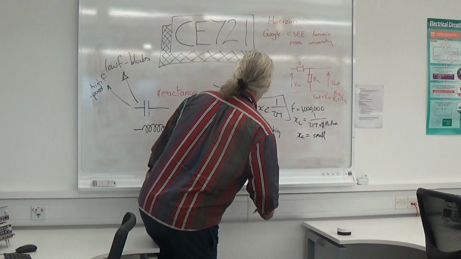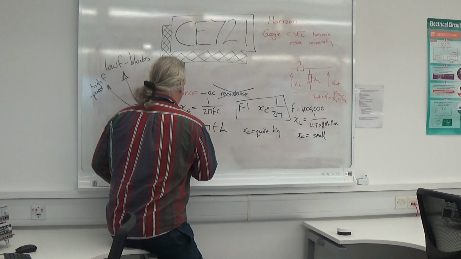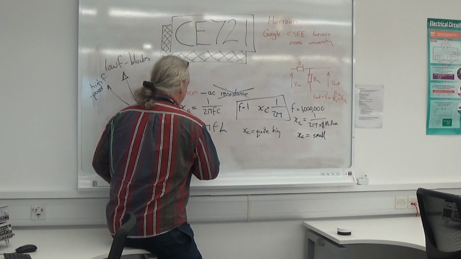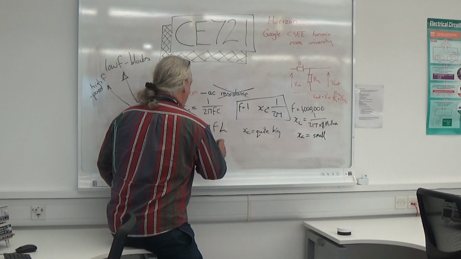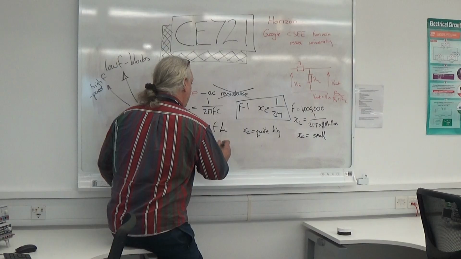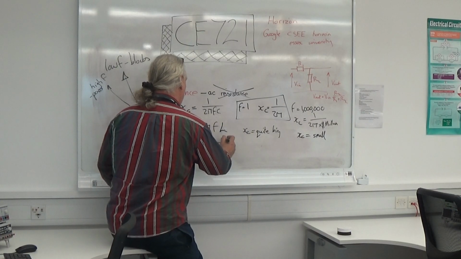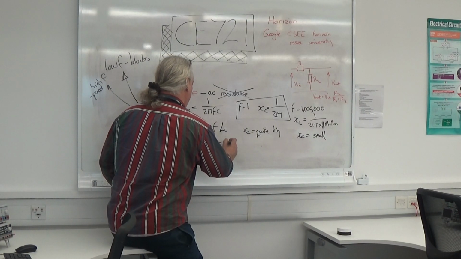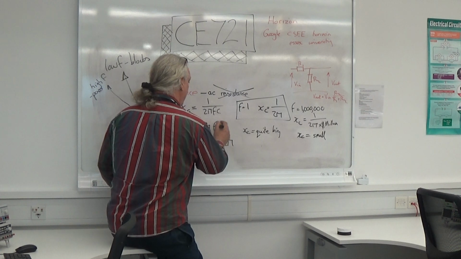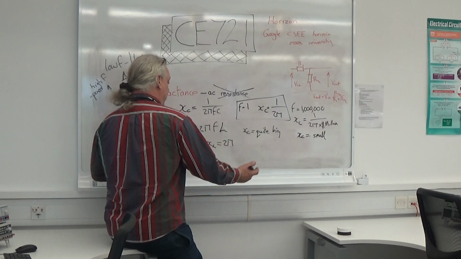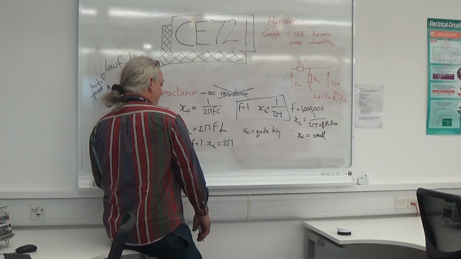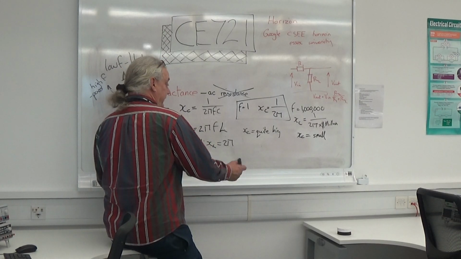So if I say, same as before, F is equal to 1, then XL is equal to 2 pi F L, F is 1, L is 1, so XL is what? 2 pi.